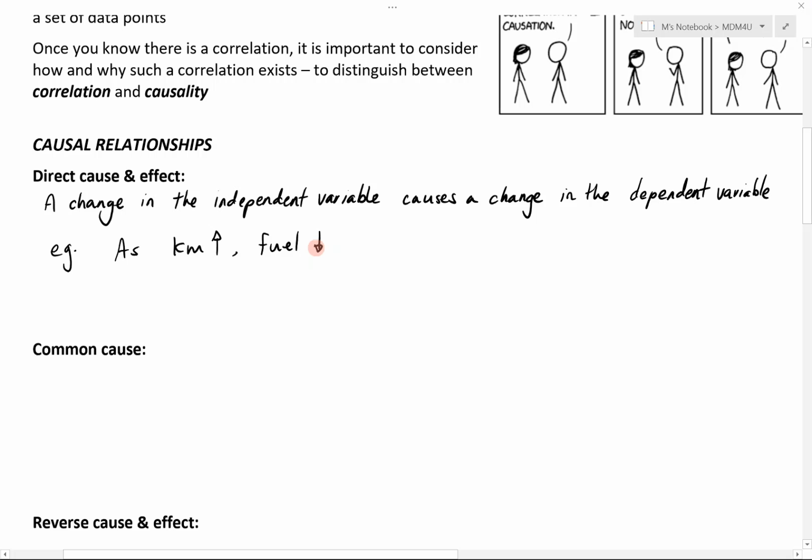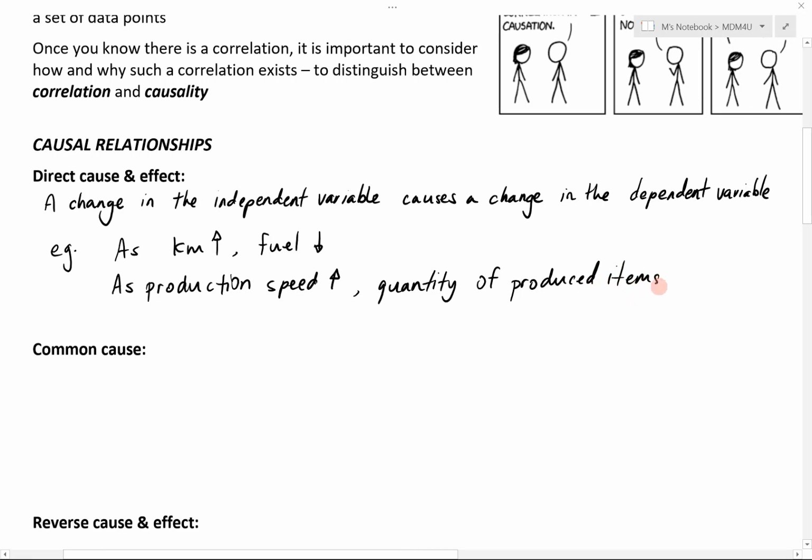Another example would be as production, or production speed, increases, then the quantity of the items that you produce also increases. And just using arrows to signify that they increase or decrease. So those are a couple of examples of a direct cause and effect.